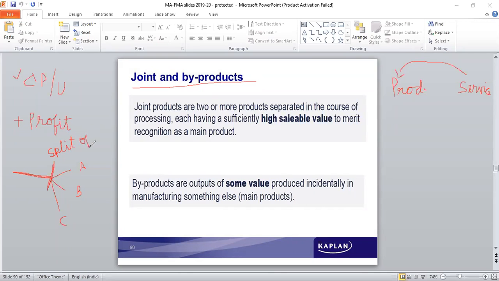After they get separated, some more cost will be required so that the final finished product can be produced. So the costs which are incurred during this common process, we call them joint costs.